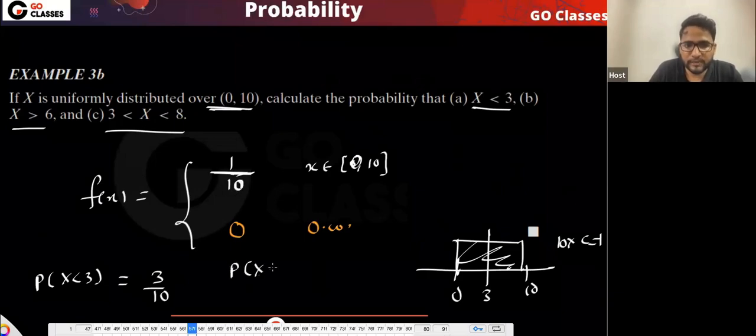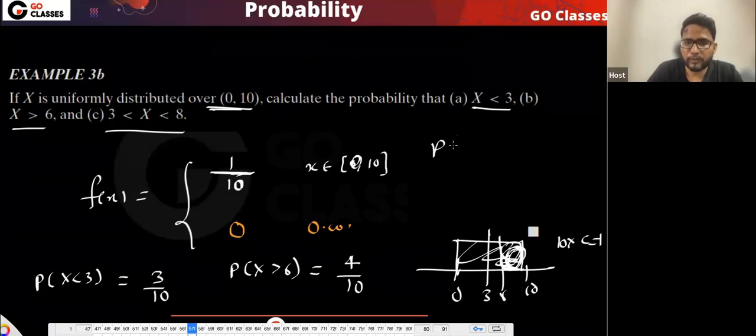And what is the probability that x is greater than 6? Can anyone tell me very quickly? What is the length? They are interested in this. Length is 4, so 4 by 10. If the length is 4 by 10, it is very easy. What is the probability that x is between 3 and 8?